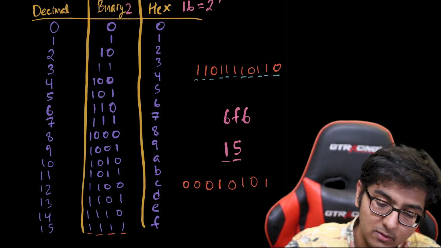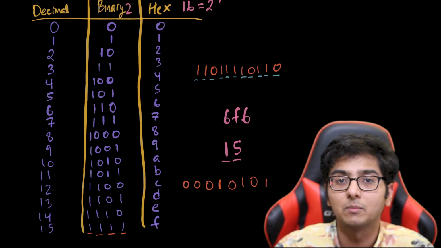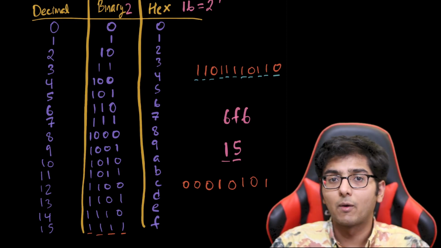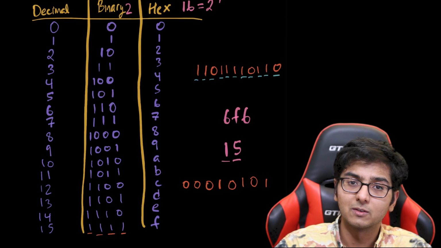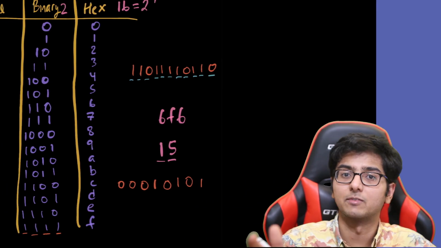And the reason this happens is somehow related to 16 being 2 to the power of 4. Now, I don't want to go into too much detail of exactly how the math works out. If some of you are interested, feel free to ask and I'll go ahead and reply in a written response. But with this, you should be able to go from binary to decimal, decimal back to binary, hexadecimal to decimal, and while you can't go directly from decimal to hexadecimal, you can always go from decimal to binary to hexadecimal.